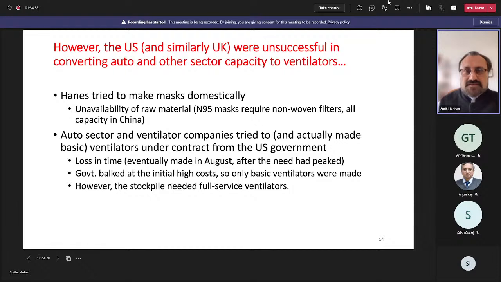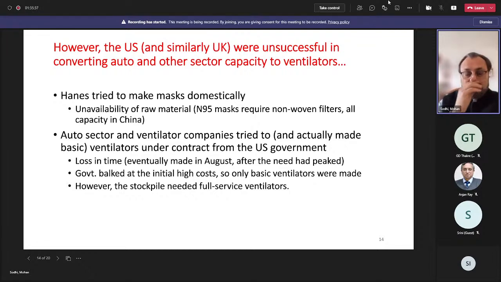That fiber wasn't made in the US because all the capacity had shifted to China a long time ago. So they were reduced to making very basic masks. Same thing with the auto industry. They were eventually able to make only very basic ventilators, which were not very useful for the medical industry. By the time the companies managed to make those ventilators, the peak had already passed, and whatever toll was in the US was there.